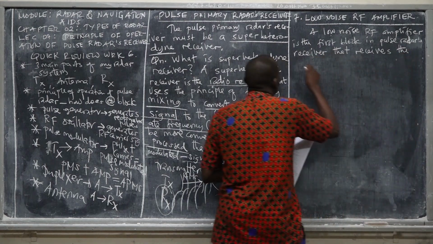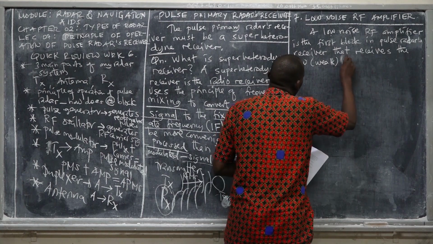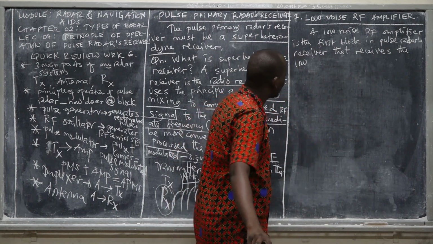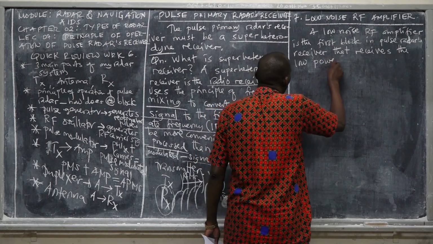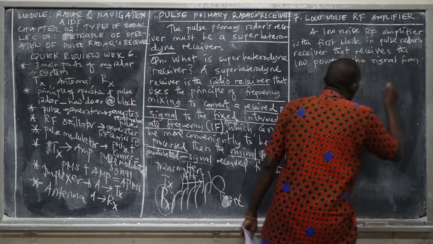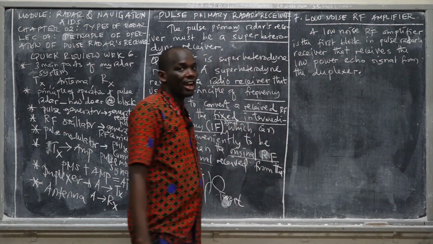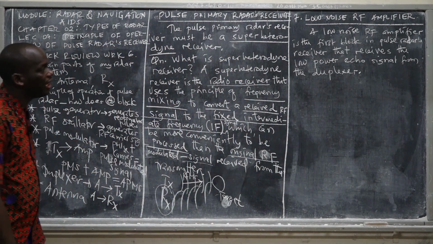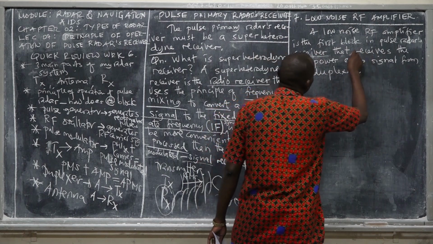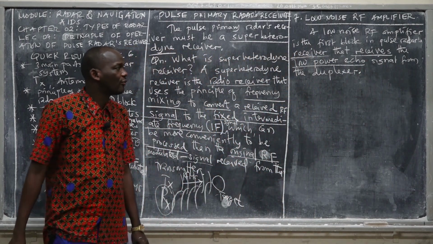So one of the functions of the low noise radio frequency amplifier is that it should be able to receive the low power echo signal from the duplexer.